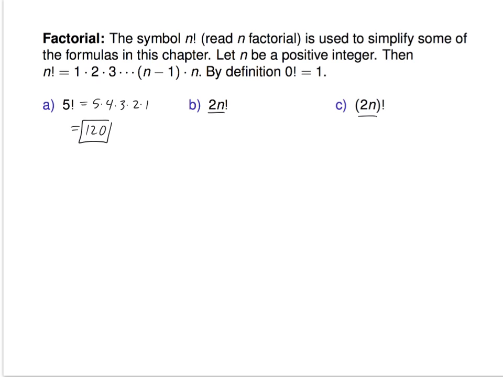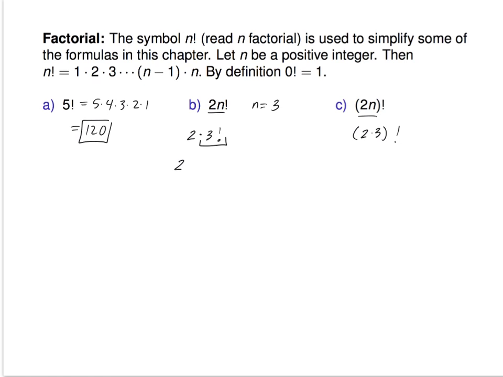Let's pick a specific n, like n equals 3. If I give you 2 times 3 factorial, how is that different than 2 times 3 in parentheses, factorial? Extremely so. This one means first factorial me, then multiply by 2.